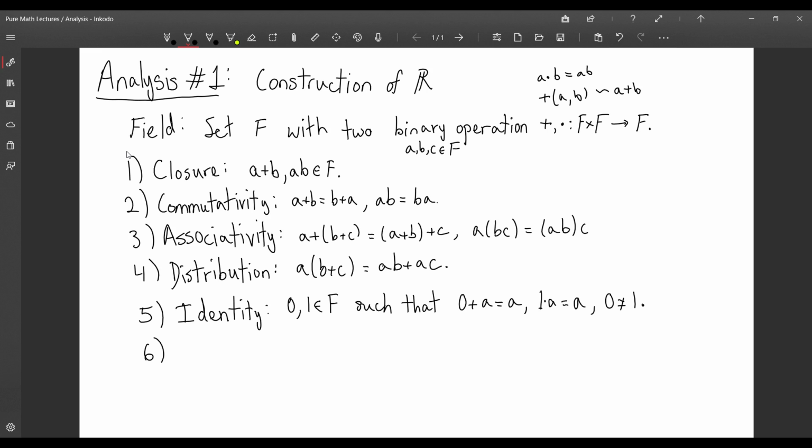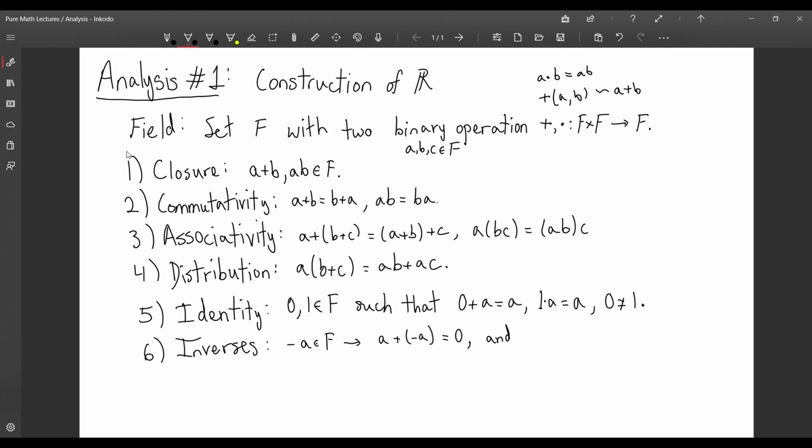The sixth and final property for a field is that we have inverses. In particular, we have a negative a in F, which just means that a plus negative a equals 0.